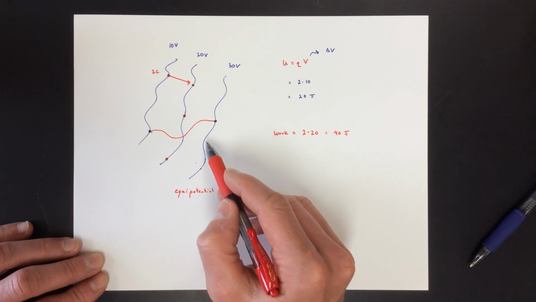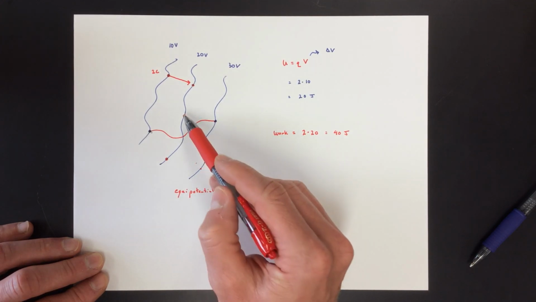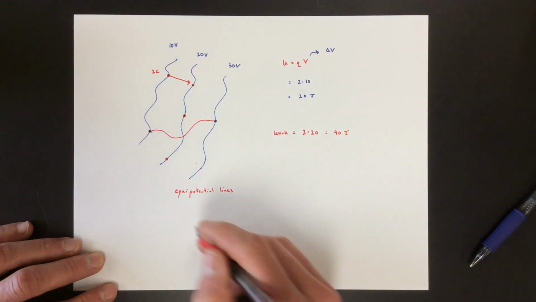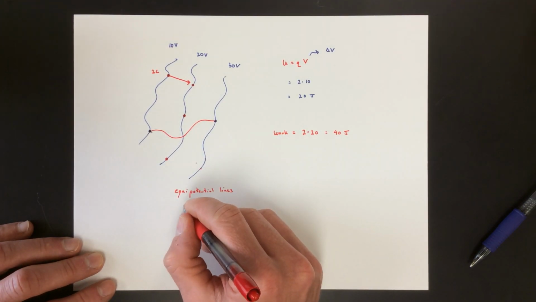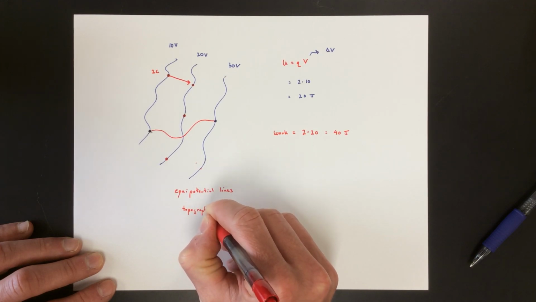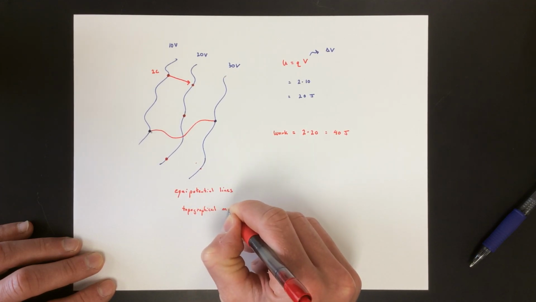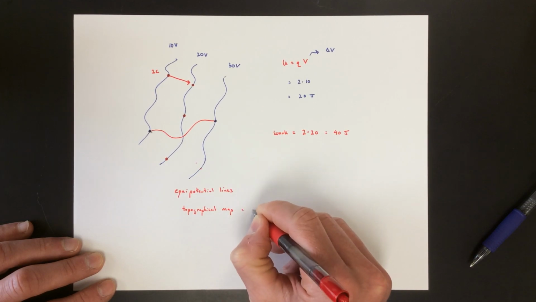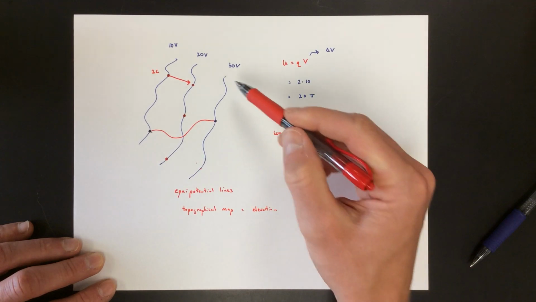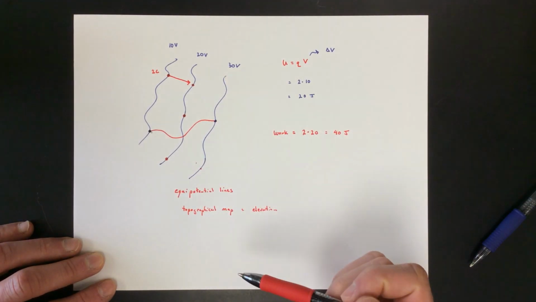So 30 volts are there, 30 volts are there, 30 volts are there, such that moving along an equipotential, the values are the same. So this is very similar to a topographical map, where you have like elevation. Right, your contour lines on an elevation, so this is all at the same elevation.